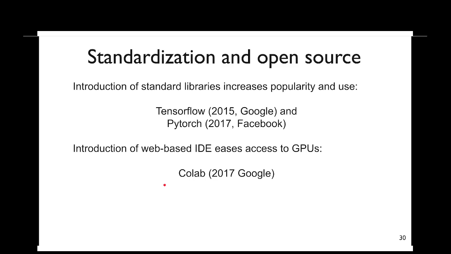AlexNet is really the main reason why neural networks became so successful, and AlexNet was so important because it addressed the problem of how to deal with images on the internet, which was not really addressable before. However, there were three other aspects which really play a very important role in these developments. And one was standardization and open source.